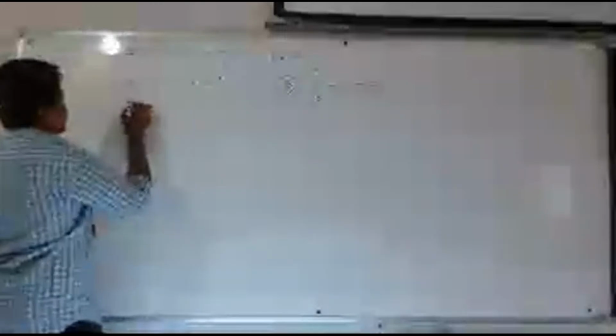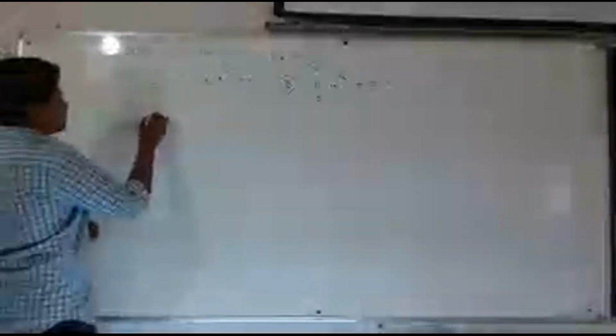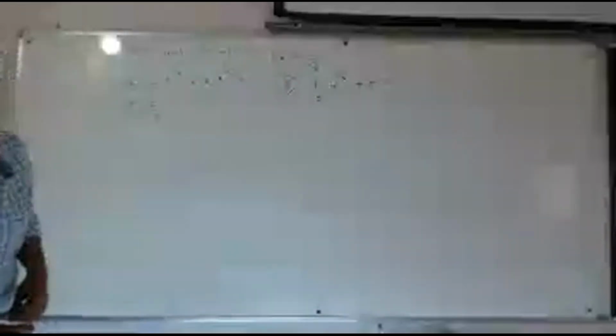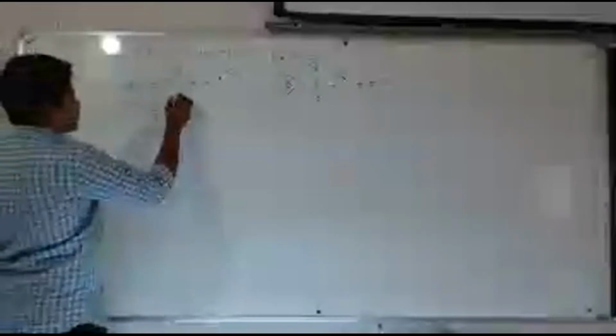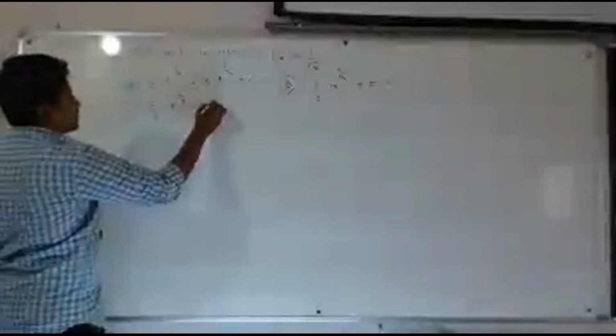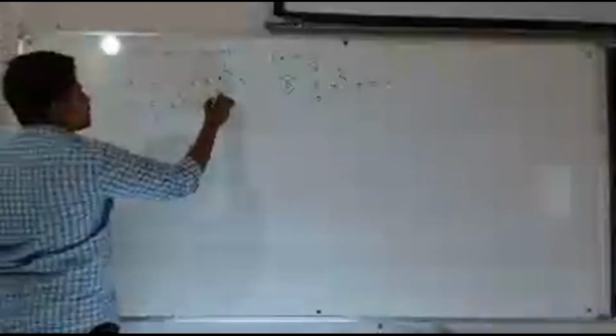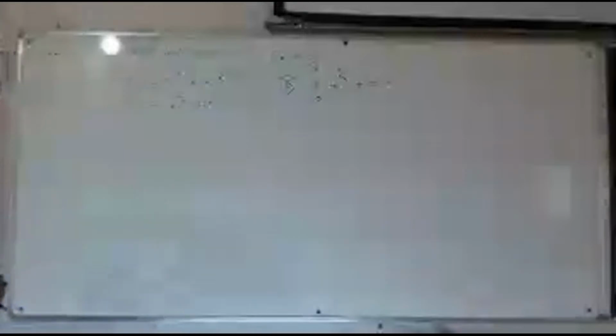Next, option C: 2 by 3 x power 3 by 2 plus 2 into x power 1 by 2 plus C.